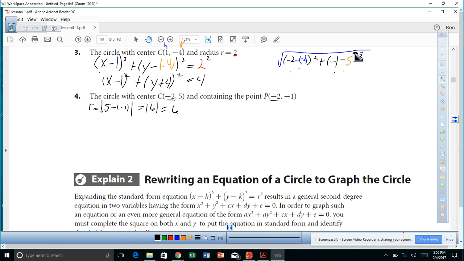All right, and let's just do the arithmetic now. So R equals the square root of (-2 minus -4) squared, that's -2 plus 4, which gives you 2 squared.